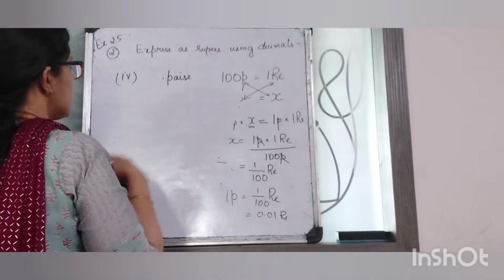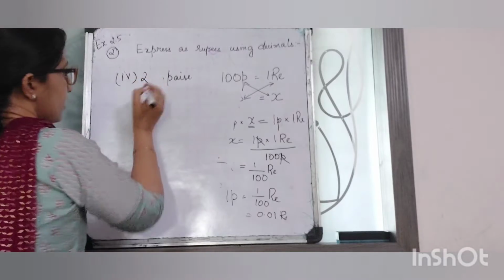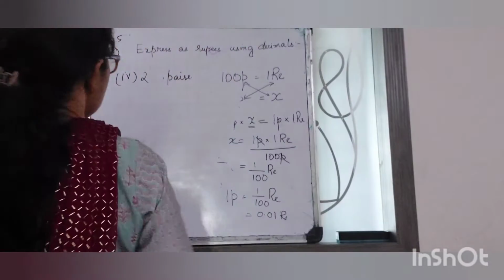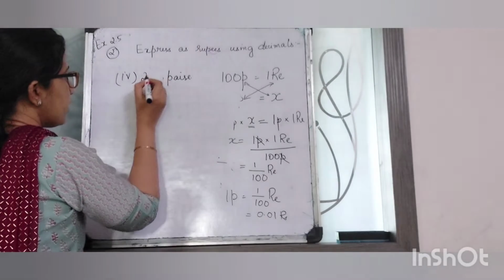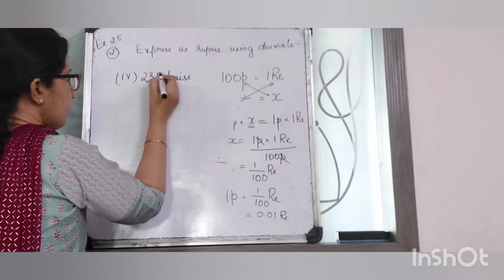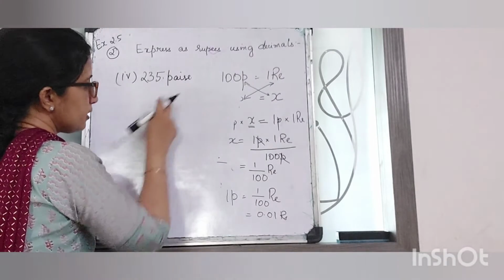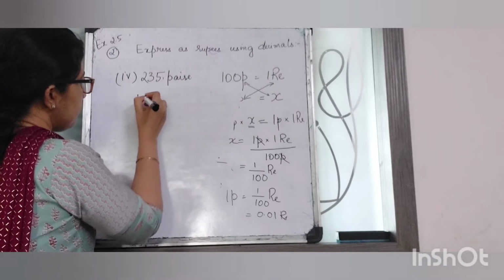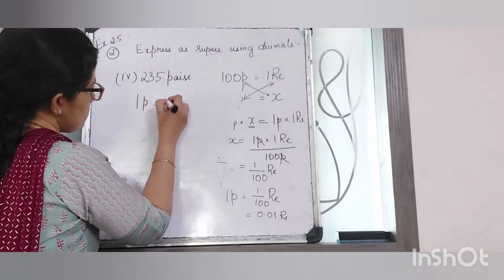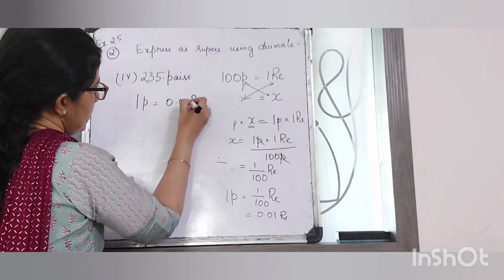Next problem is 235 paise. Okay, so how much is 235 paise? In a similar way, we got 1 paise is equal to 0.01 rupees.